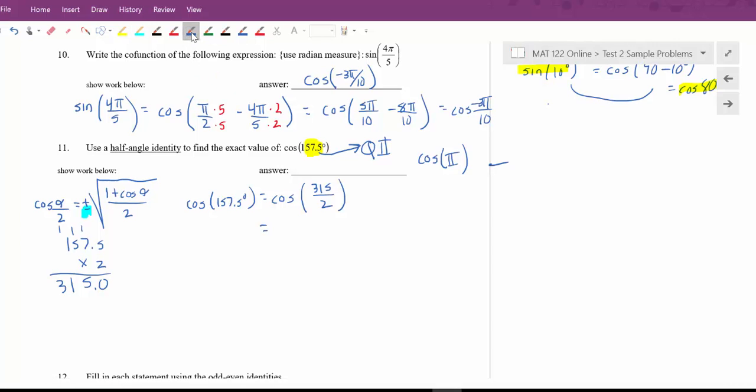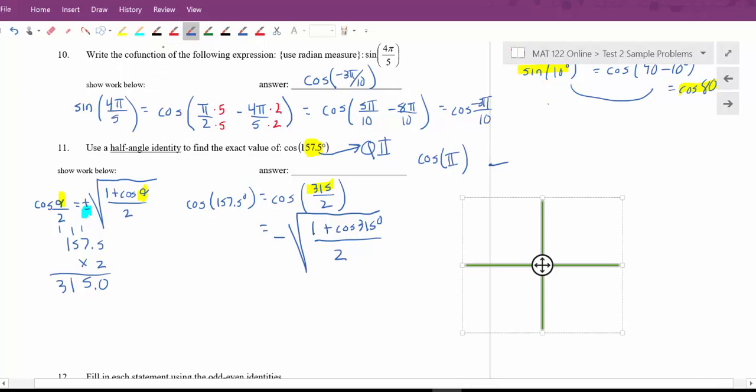Then when we plug this in, we're going to have negative square root, and then do exactly what the identity tells you to do. The identity says do the cosine of alpha. Alpha is 315. Alpha is not 157.5. Then plug it in and work out the details. So you're going to have 1 plus cosine of 315 degrees all over 2. Go to a unit circle now if you need to, and I'll just put a little diagram at the side on this. 315 degrees clearly is in quadrant 4.